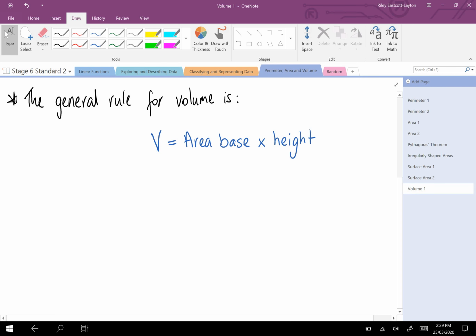So what I mean by that is that no matter what our shape is, or no matter what our prism is, let's start off nice and simple. So let's say we've got a rectangular prism. So I'll get my mad drawing skills happening again.